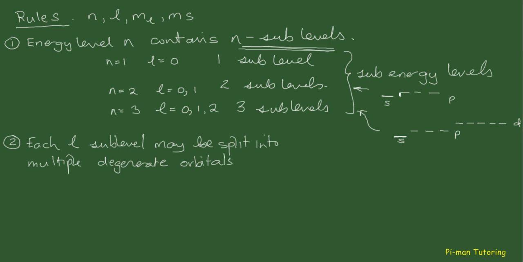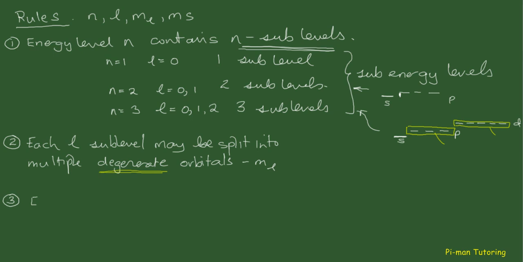Well, the word degenerate in this case means that they have the same energy. Degenerate levels have the same energy. So these 3 p orbitals here all have the same energy. These 5 d orbitals all have the same energy as each other, and so they're referred to as degenerate energy levels. And these degenerate orbitals have different ml numbers.